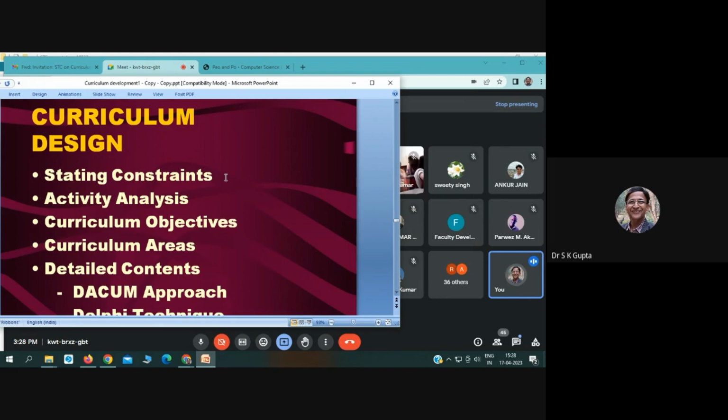When we design a program, sometimes some of the participants, some experts, say can we change the entry qualification from 10 plus to 10 plus 2 for a diploma program, or for a degree program from plus 2 to BSc. Then we say no. The minimum entry qualification will be this.